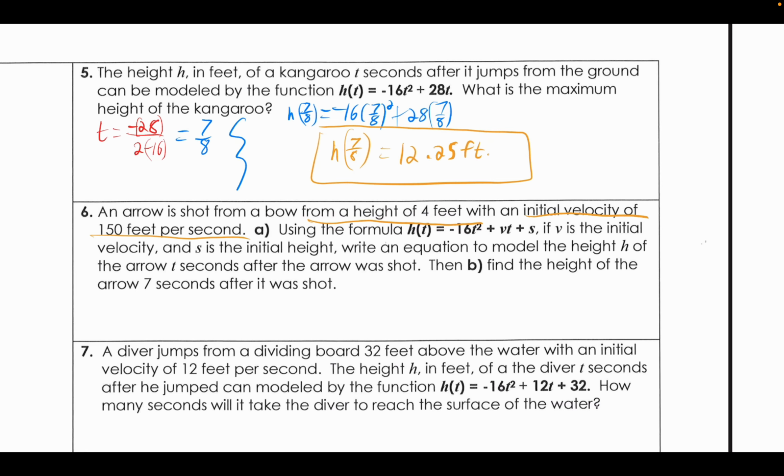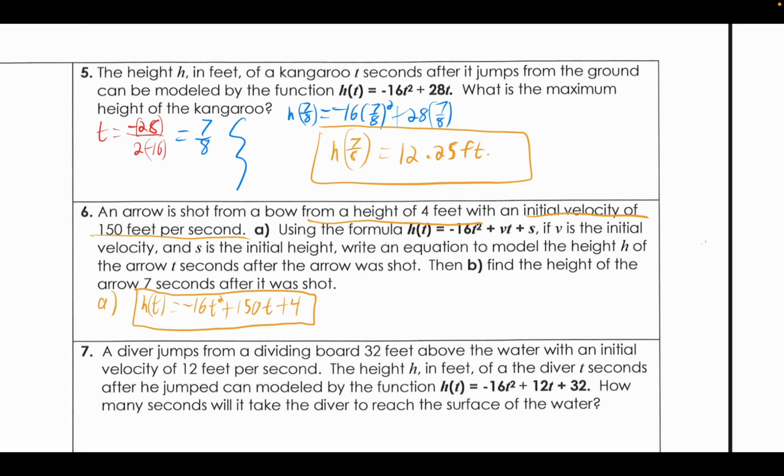So we're going to fill out this function, and so v is going to be our 150 feet per second, because 150 is our velocity, where s is our initial height, or 4. And so this is going to be, for part A, h of t equals negative 16t squared plus 150t plus 4 for the initial height, and that's our initial function.